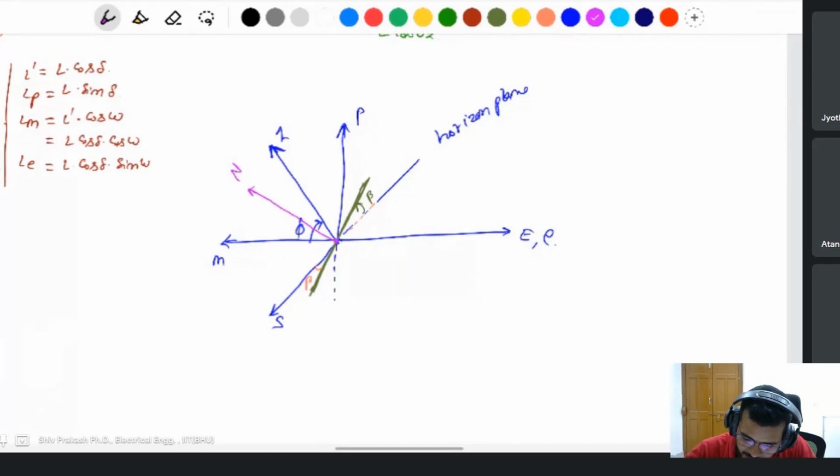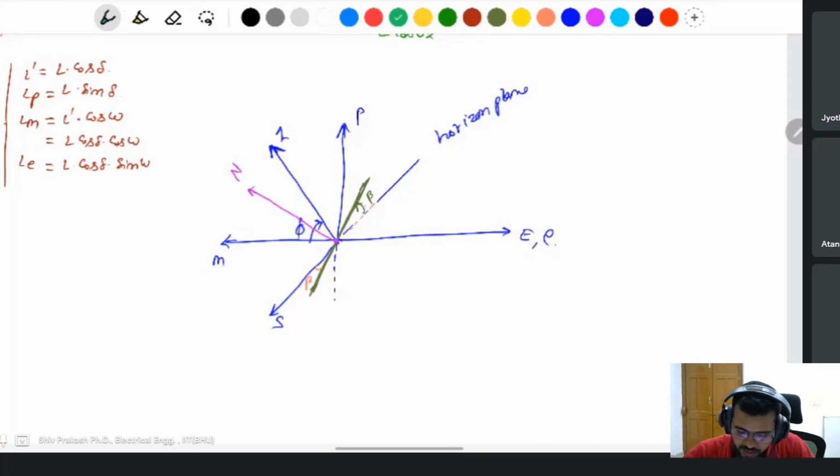That's why you want to find Ln. This one is angle beta, and this one is also a beta angle.